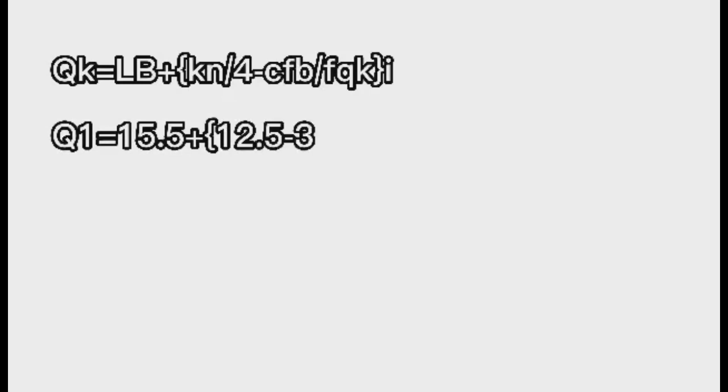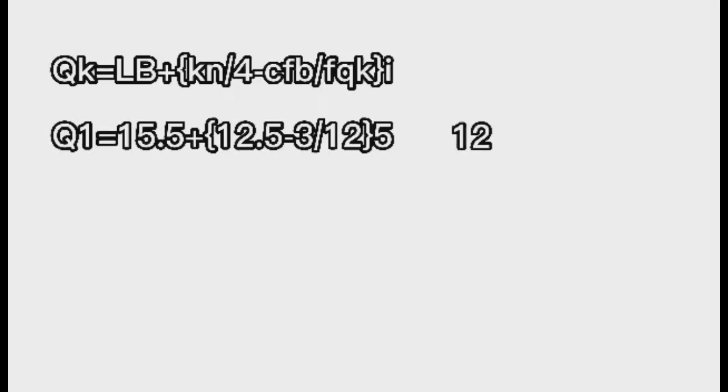So Qk is equal to Q1, LB is equal to 15.5, kN over 4 is equal to 12.5, CFB is equal to 3, F is equal to 12, and i is equal to 5.